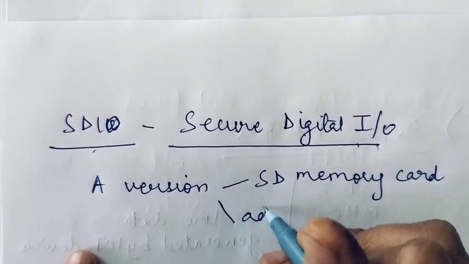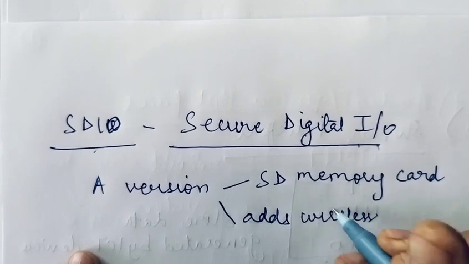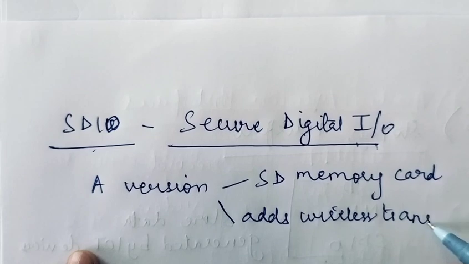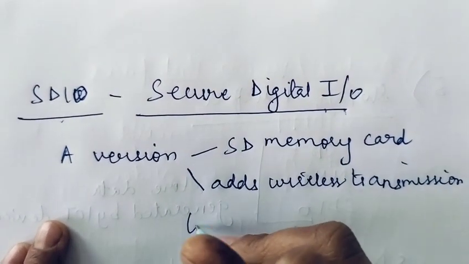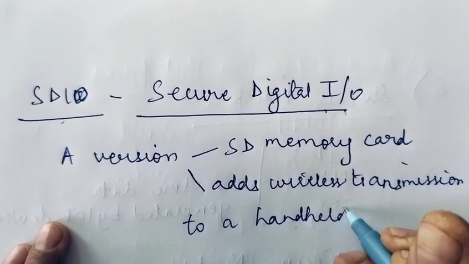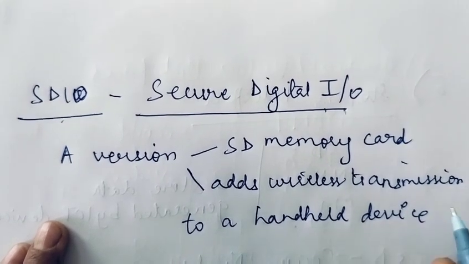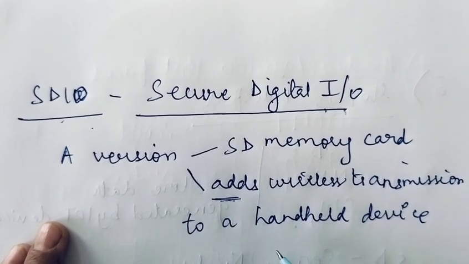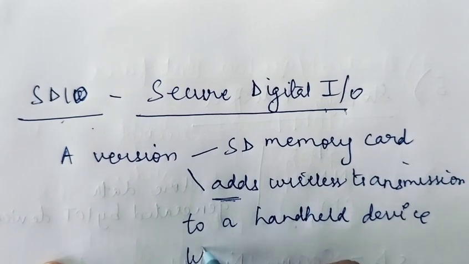Basically, it adds wireless transmission to a handheld device. So using the SDIO, you can use wireless transmission. Using the SDIO card, you can add wireless transmission to a handheld device. What are handheld devices?